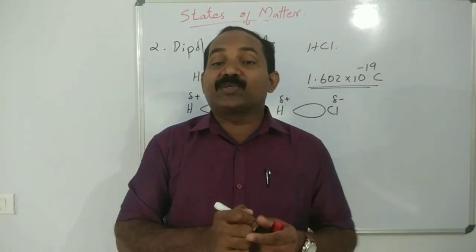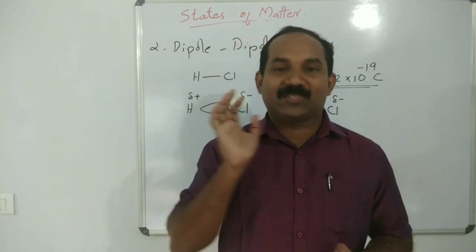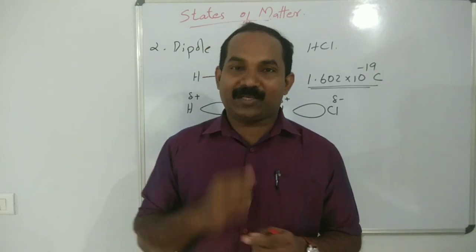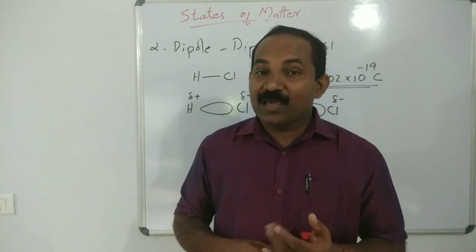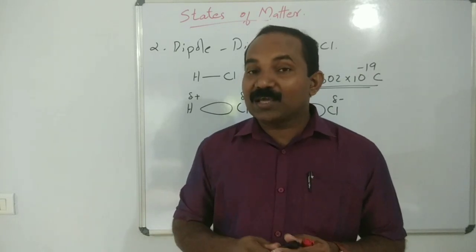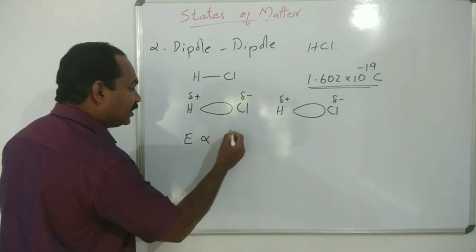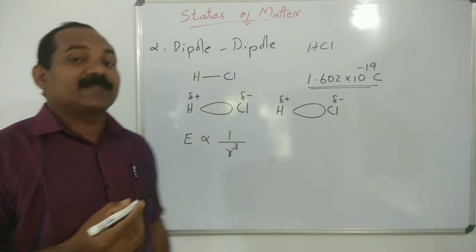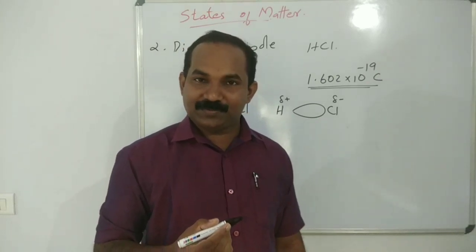The interaction between dipole and dipole, the attractive force, is called a dipole-dipole interaction. The interaction energy in the stationary state, that is in the solid state, is directly proportional to 1 divided by r cubed, the third power of the distance between the two dipoles.